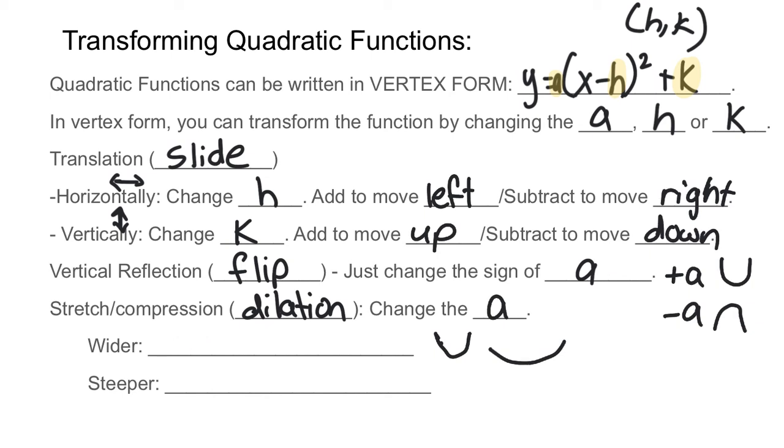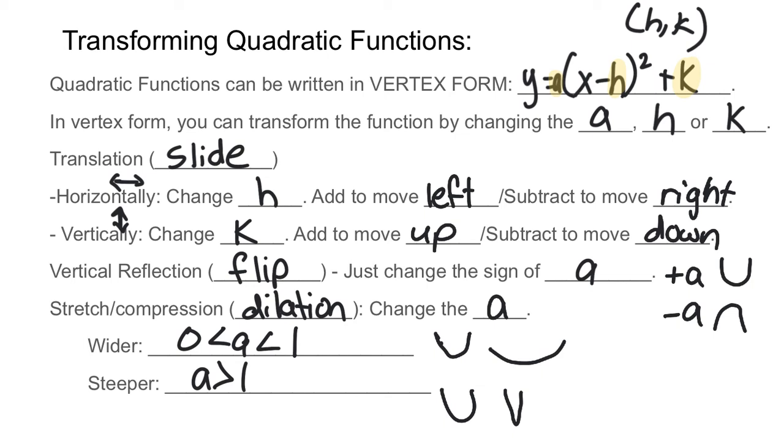So it's got to be a fraction, basically. So A is going to be between 0 and 1. To make it steeper, so if you're here and you want it to get more like this, slenderer but steeper, then you're going to have an A that's greater than 1, because that's going to allow your numbers to rise faster, causing your graph to become steeper.